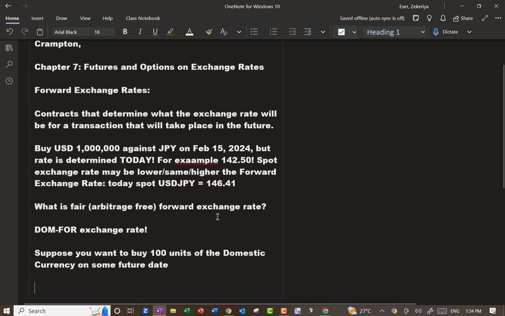For example, domestic could be dollar, foreign could be yen, right? There are two ways you can achieve this.